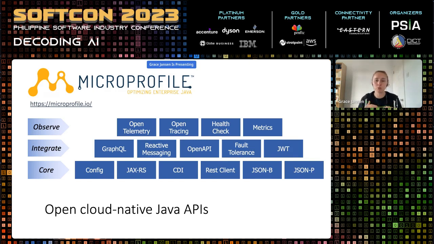It enables key APIs and behaviors that are very important for microservice-based and cloud-native applications. The bottom row here has a lot of shared APIs with Jakarta EE, that open source Java specification. You might recognize things like CDI, JSONB, JSONP. Those are shared APIs because the communities actually work very closely together.